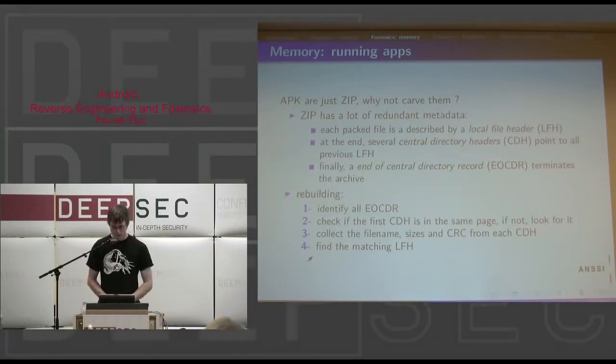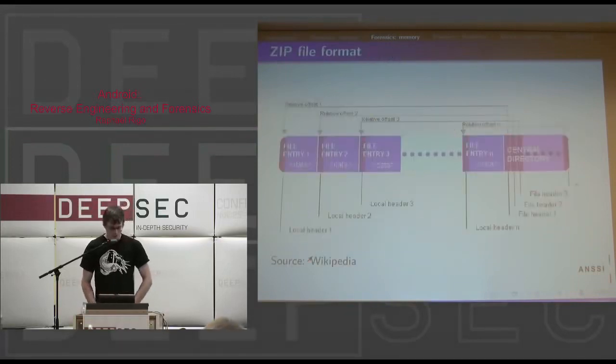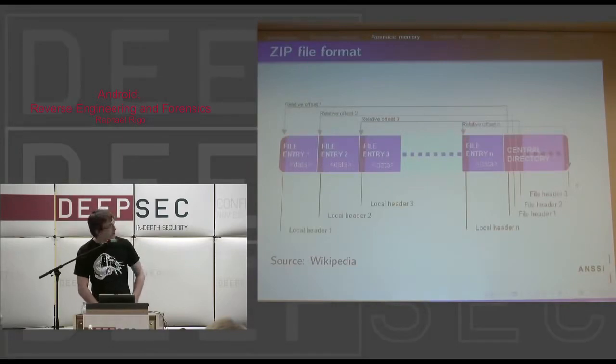So as you can see here, you've got an end of central directory header at the very end. Here, this pointer says, okay, we've got n files in this archive, so the data starts here, and afterwards you've got file entries, one for each file, which say, well, the file is at this offset.